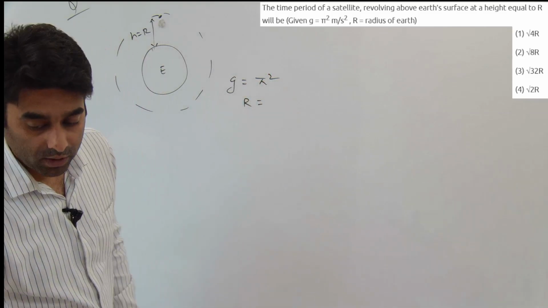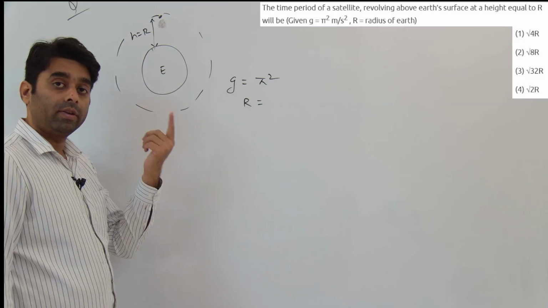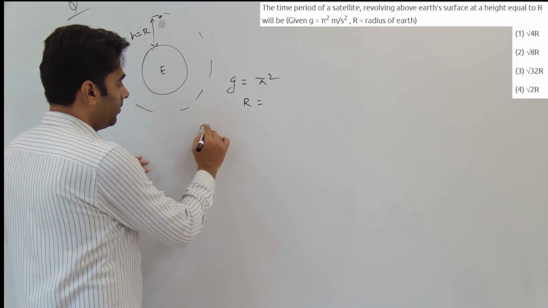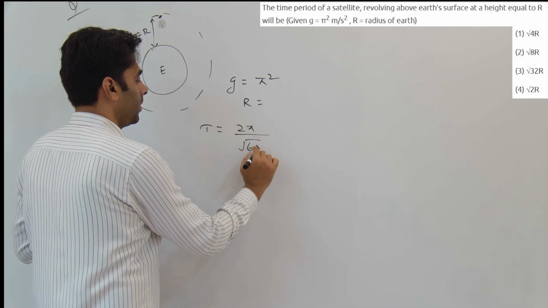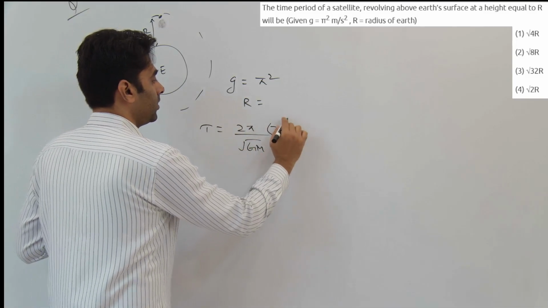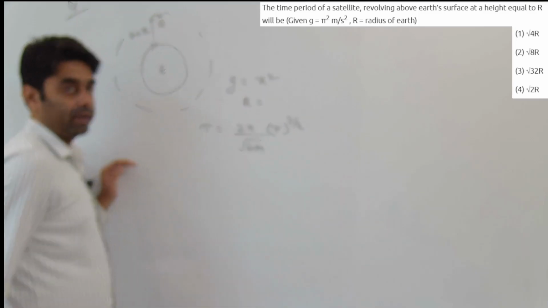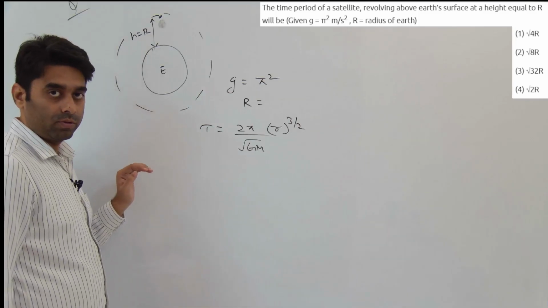Now, they are asking what is the relation for time period of a satellite. We write time period as 2 pi by root GM into r power 3 by 2, and this r is the orbital radius. I hope this is okay with you, right?